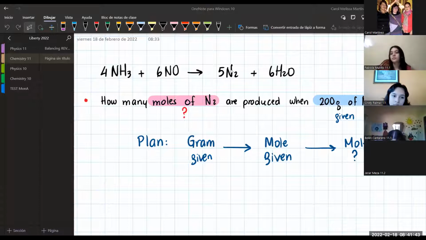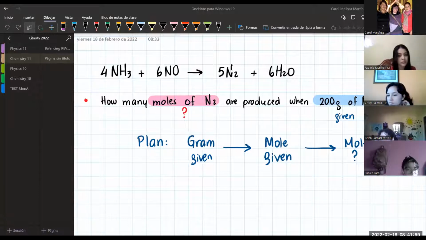What do we need to use to go from grams given to moles given? Do we have to use molar mass, or mole ratios? Molar mass. Molar mass of what, the given or the unknown?